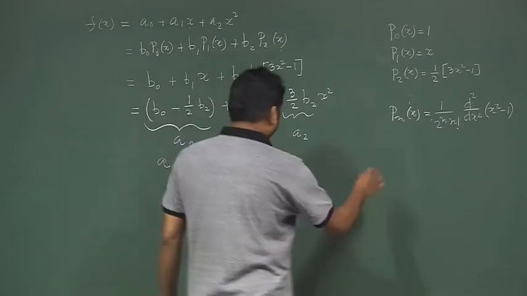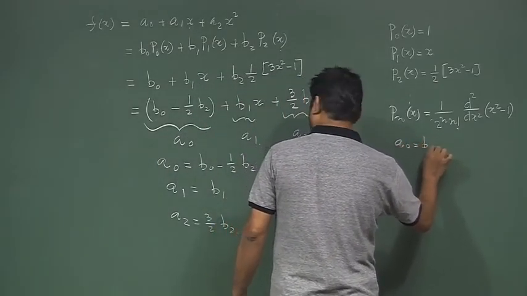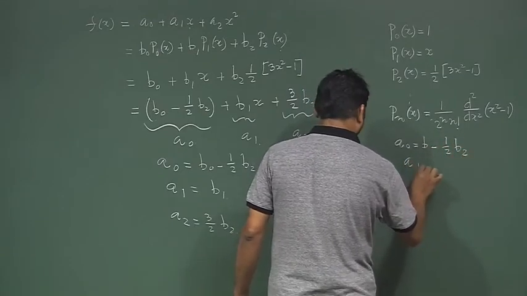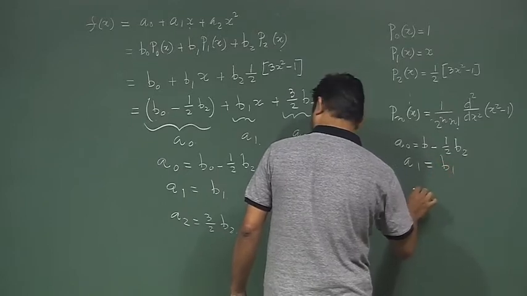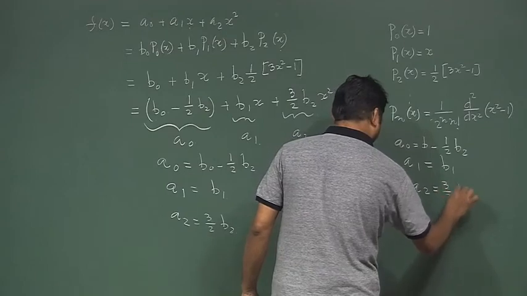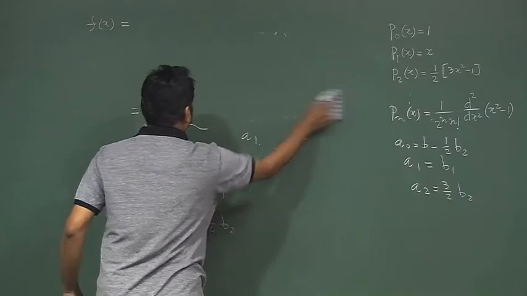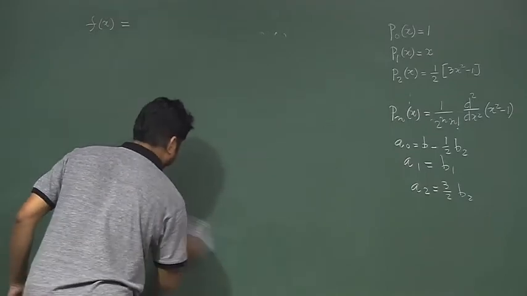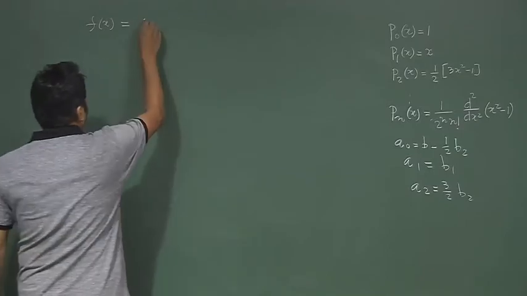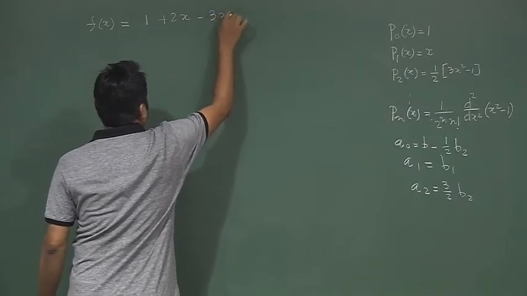Let me write somewhere the relation. I am going to use that, or I can directly do that. Quickly, say 1 plus 2x minus 3x square.